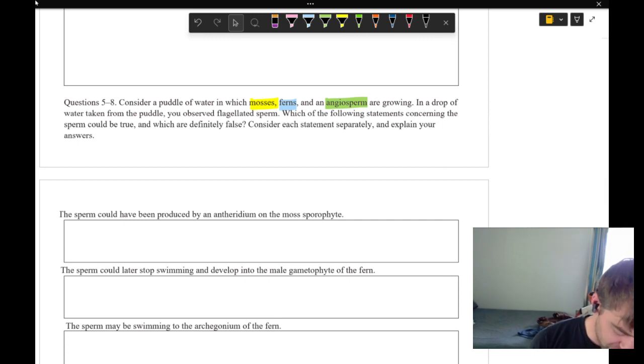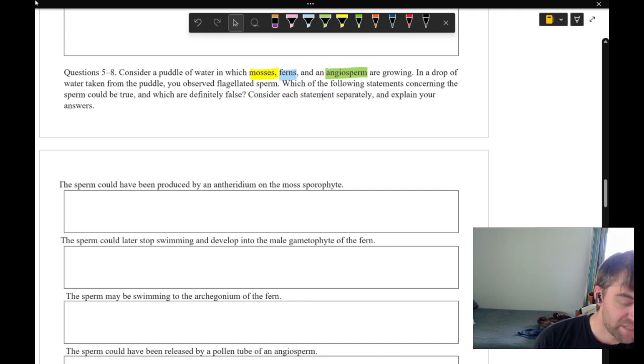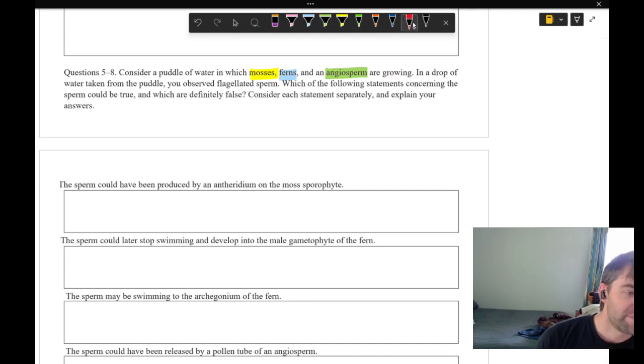True or false: the sperm could have been produced by an antheridium on the moss sporophyte. This is false. Moss sporophytes produce spores. Antheridia produce sperm on moss gametophytes. This is actually the key.